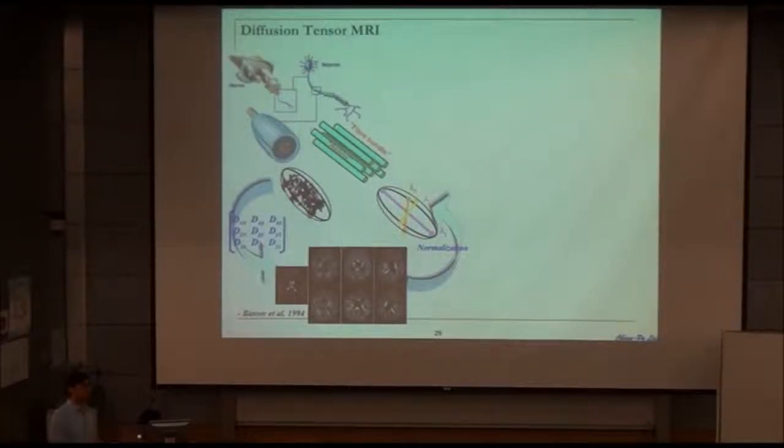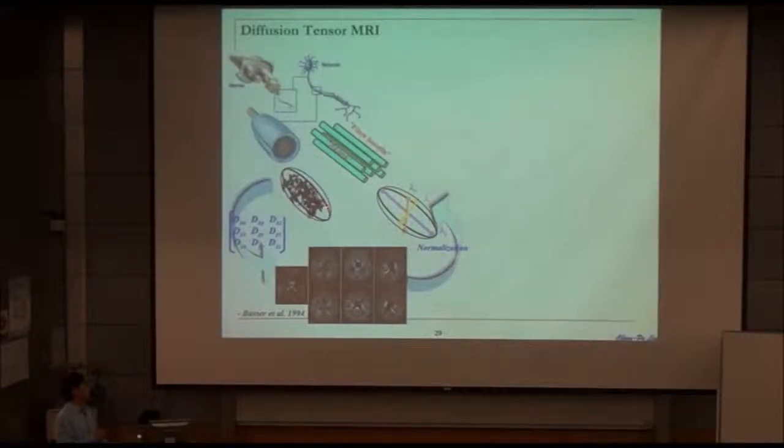But he had a hypothesis that the diffusion along the neural tracks follows an ellipsoid model. What does that mean? It means diffusion along the neural direction has a higher diffusion probability, but perpendicular to the neural tracks has a lower diffusion probability. So he just had the ellipsoid model hypothesis.